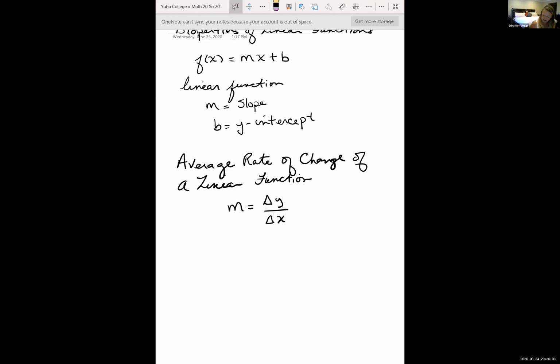A couple of things to know: if m is greater than 0, if our slope is a positive number, it's increasing, the line is increasing.